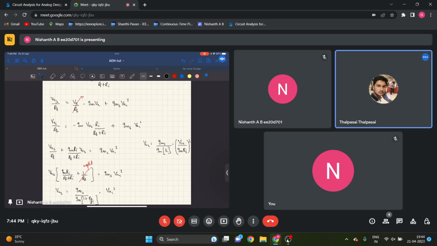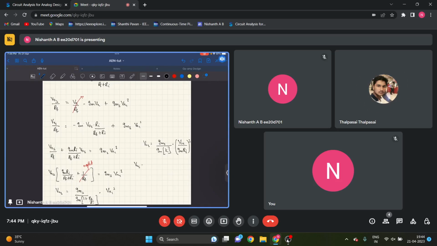So VO3 is basically Gm3 by Gm power 4 into Gm into 1 by Gm Ri whole cube into 1 by K into Vin whole cube.